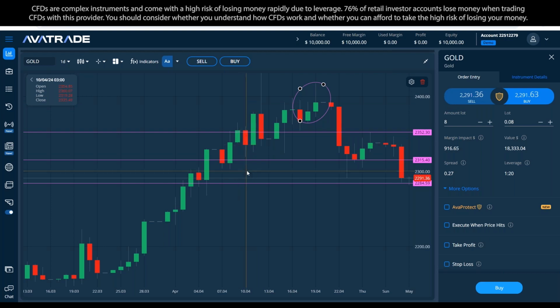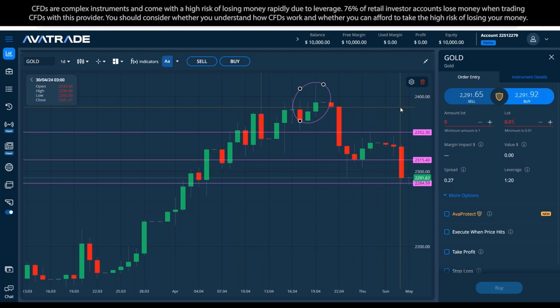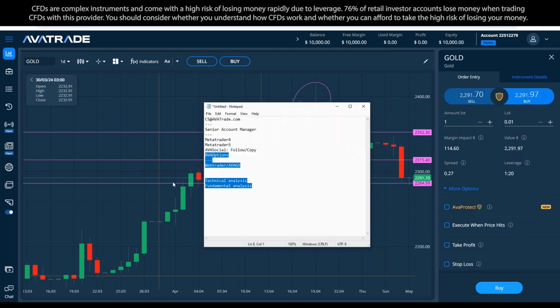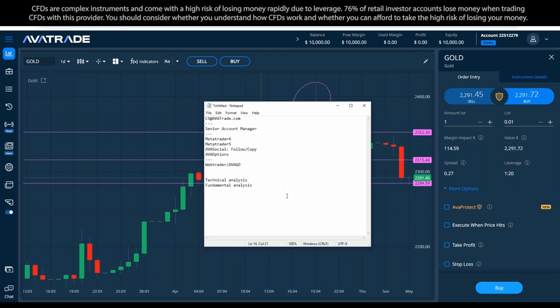Now let's analyze gold. And I have to say, it looks very, very interesting. Let's put that to the minimum for our comparison, and let's get rid of everything.